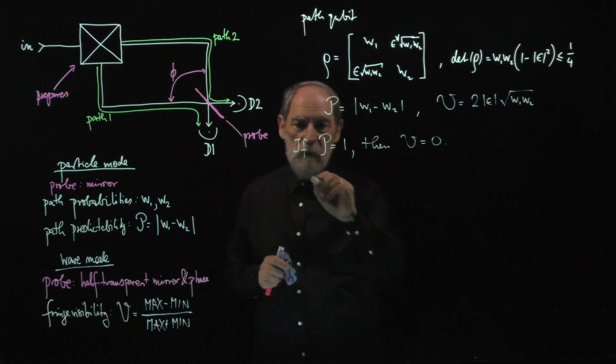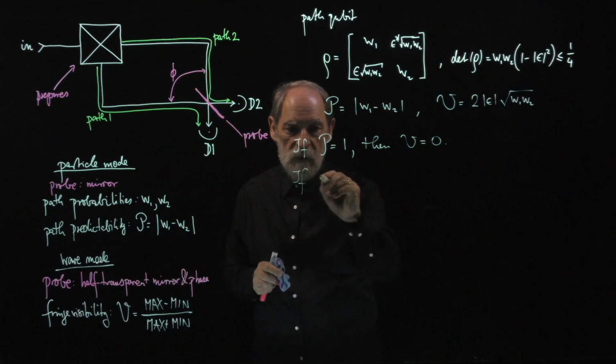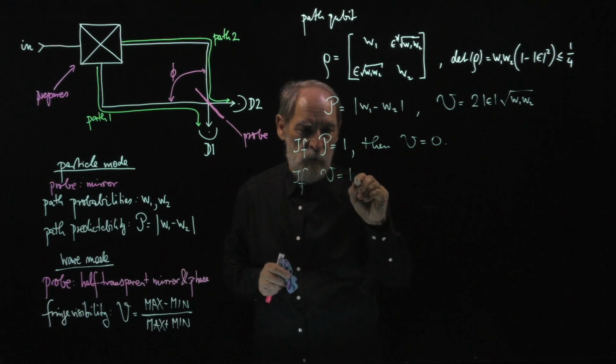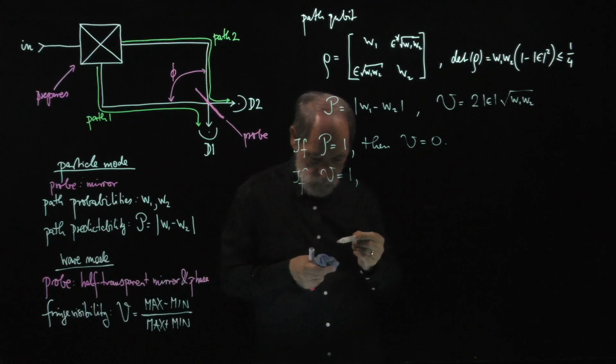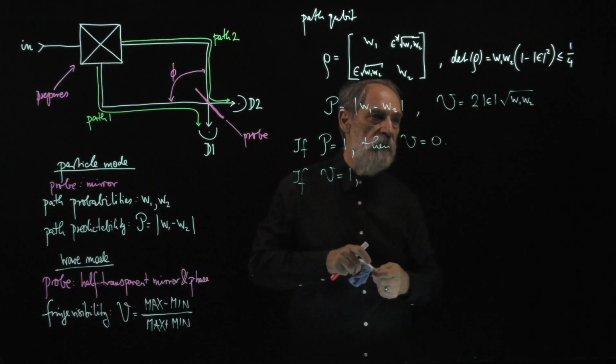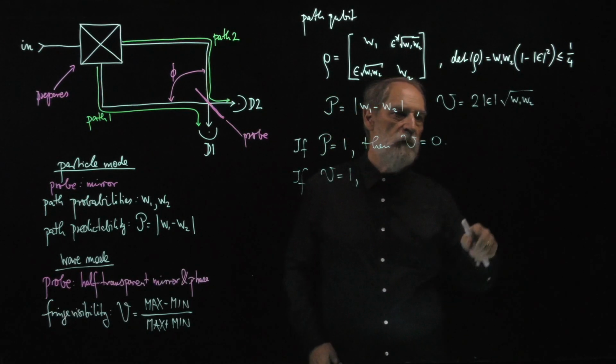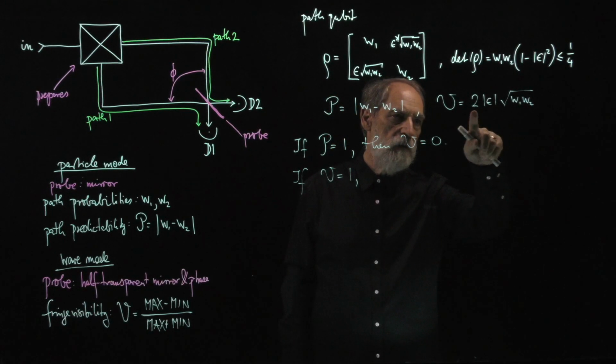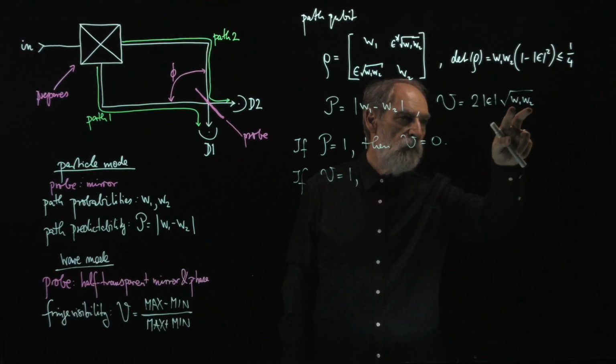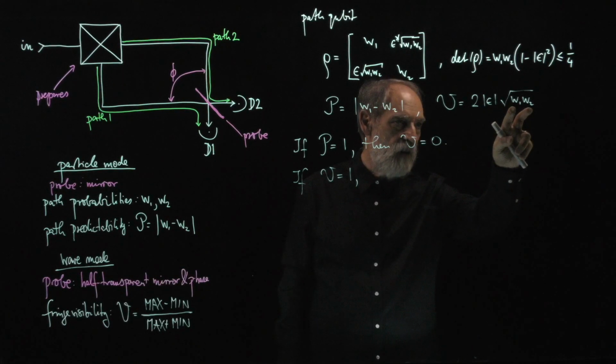What about the situation that the visibility is 1? We have fringes with full fringe visibility. Okay, so how do we get 1 here? Well, we get 1 here if epsilon is 1, then this product is 2, and then each of the W's has to be equal to a half, because otherwise the square root will always be less than a half.